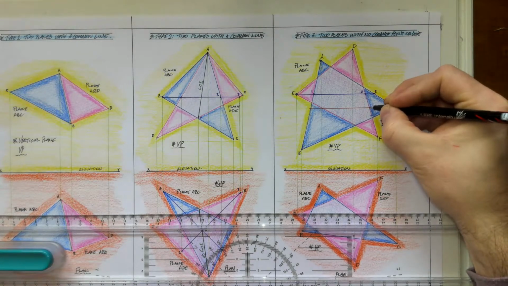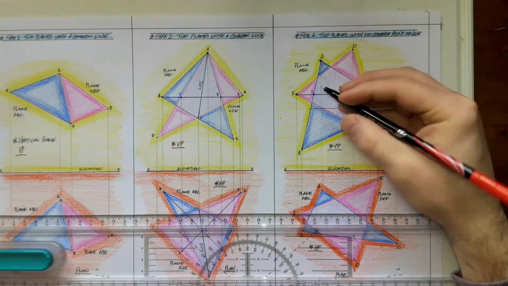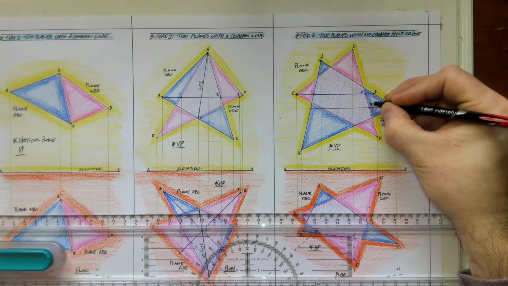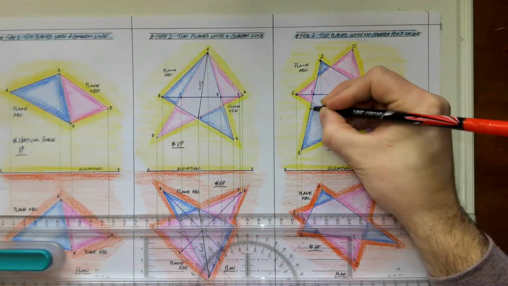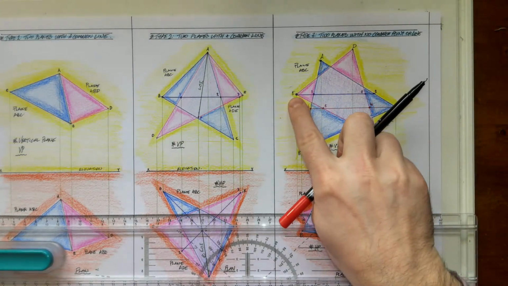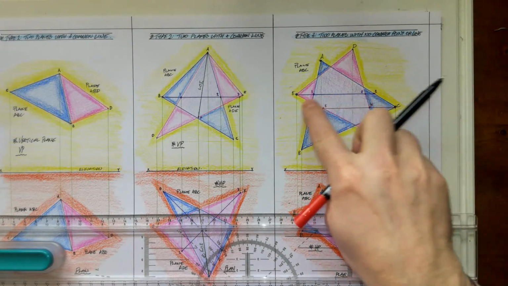So from point C here, I'm going to go locate points. And rather than call them 1, 2, 3 on this one, I'm just going to call them 4, 5, and 6.